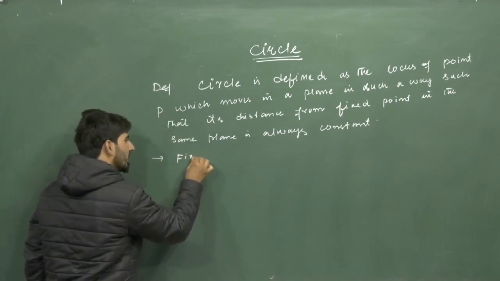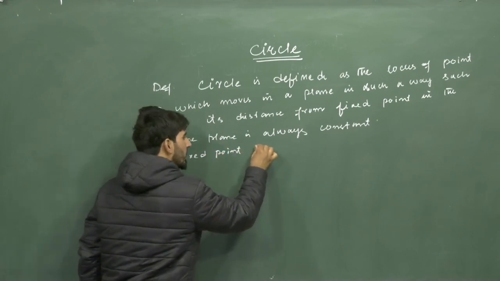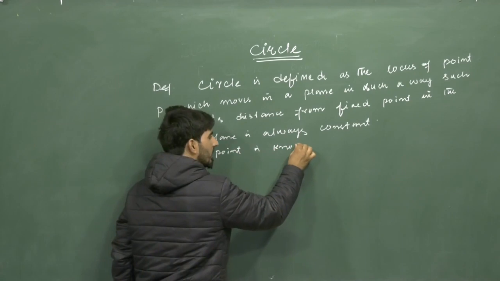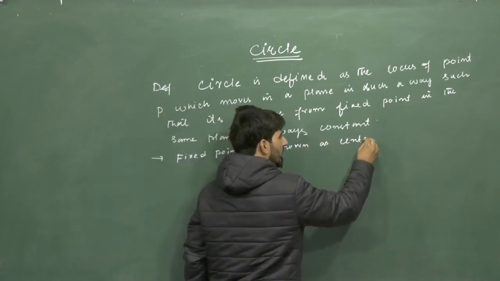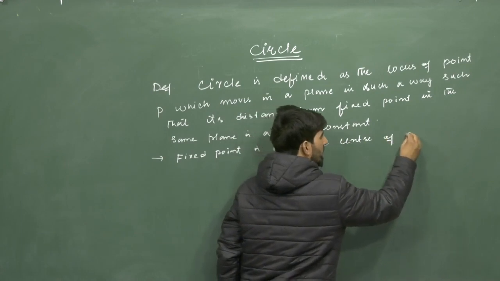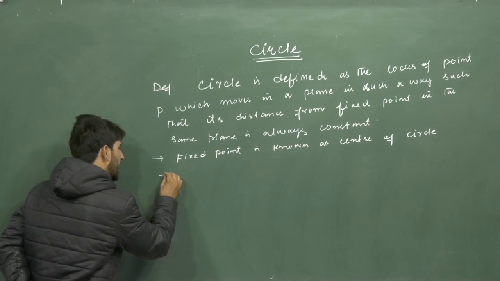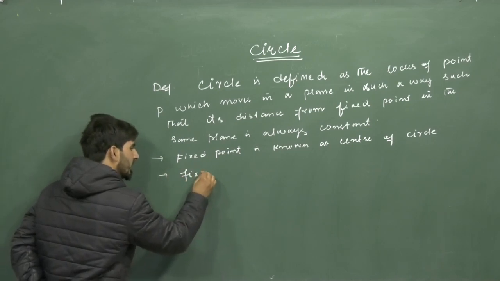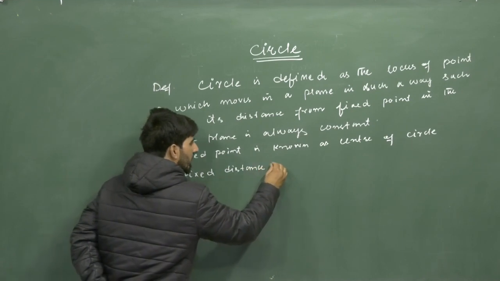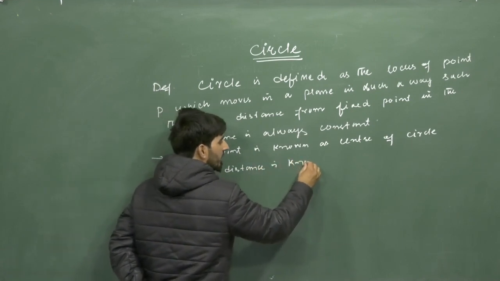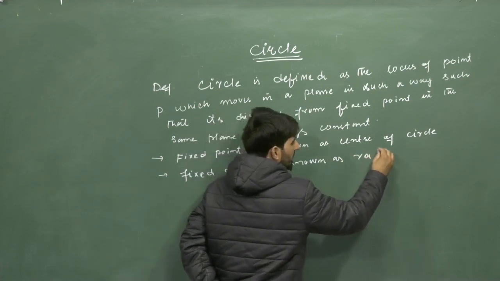Fixed point is known as center of circle, whereas fixed distance is known as radius of circle.